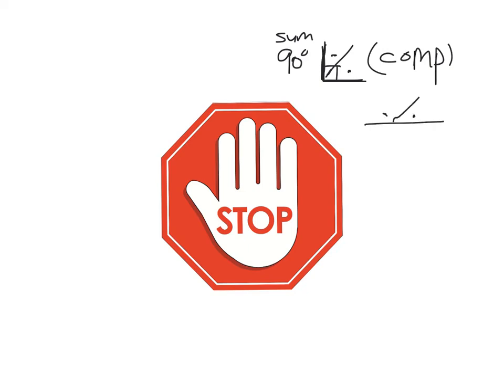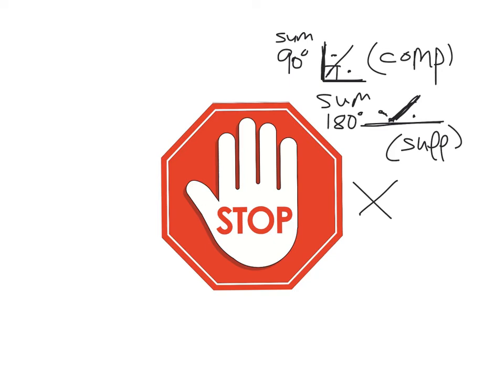If we have two angles within a straight line, and they have a sum of 180 degrees, I know my proof is going to be supp for supplementary.